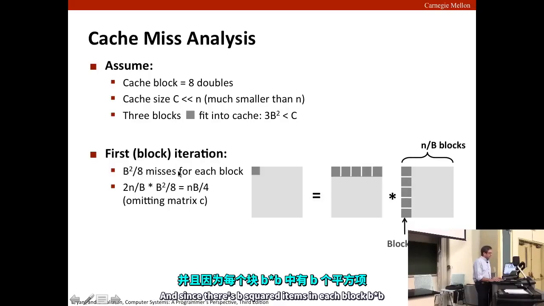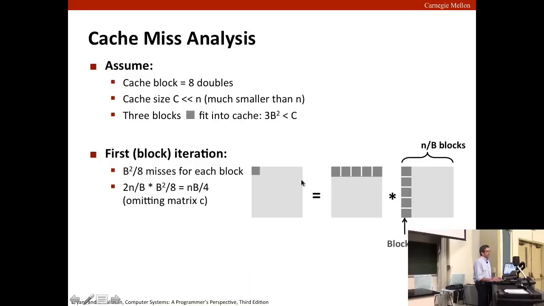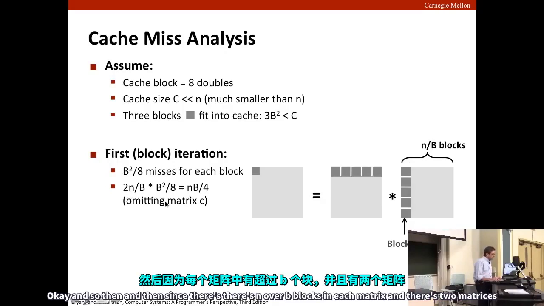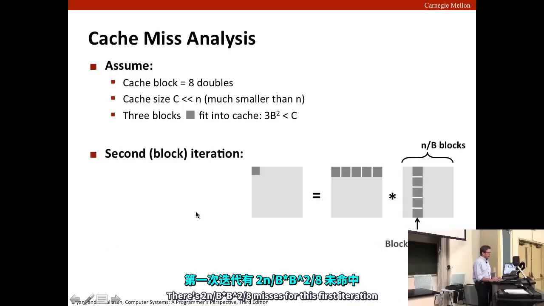And since there's b squared items in each block, b times b, there's b squared over 8 misses for each block. And so since there's n over b blocks in each matrix, and there's 2 matrices, there's 2n over b times b squared over 8 misses for this first iteration.